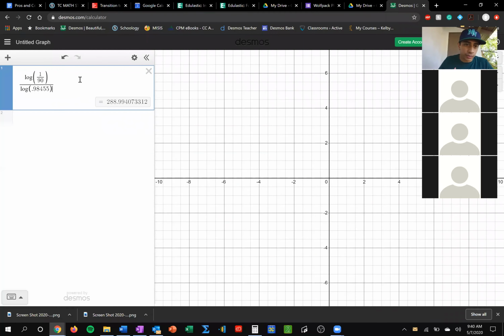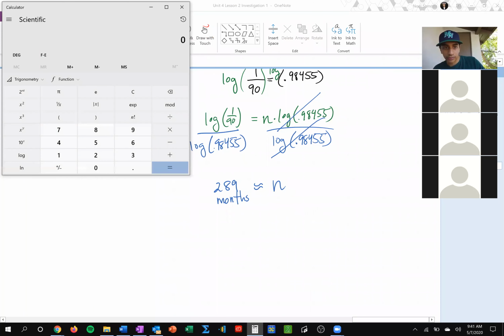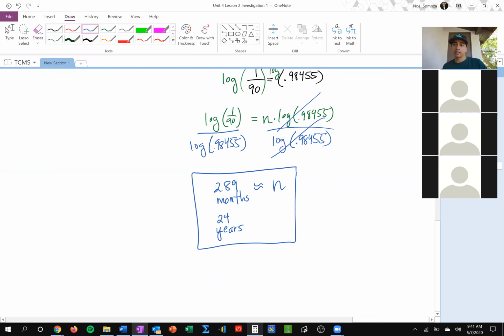So 289 months. Right? So imagine now, how long is that in years? 289 divided by 12, you're looking at 24 years to pay off a $4,500 balance by only paying minimum payments.